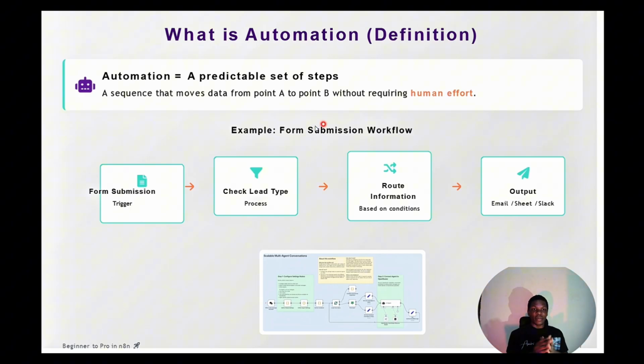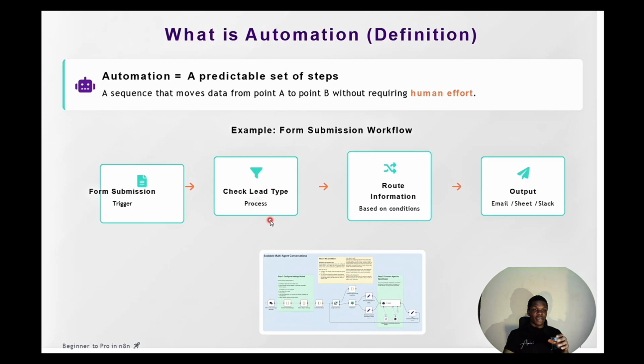An example of an automation is a form submission workflow. The form could be a Google form or your website form or any form at all. That serves as a trigger. When the form is submitted, it is processed.